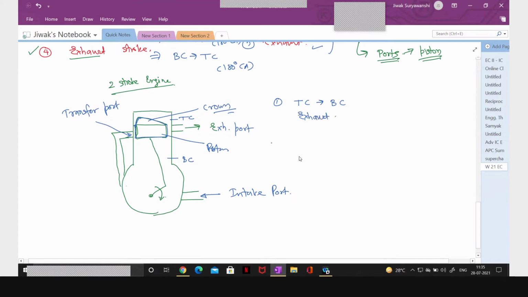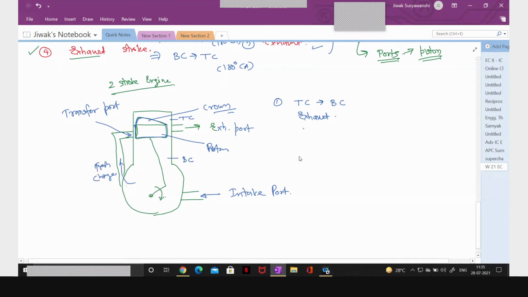When it uncovers the transfer port and the piston is going down, whatever is present in the crankcase is forced, its pressure increases, and here the pressure is less. Because of this pressure difference, the fresh charge or fresh air will enter from this transfer port into the cylinder. So suction is taking place.